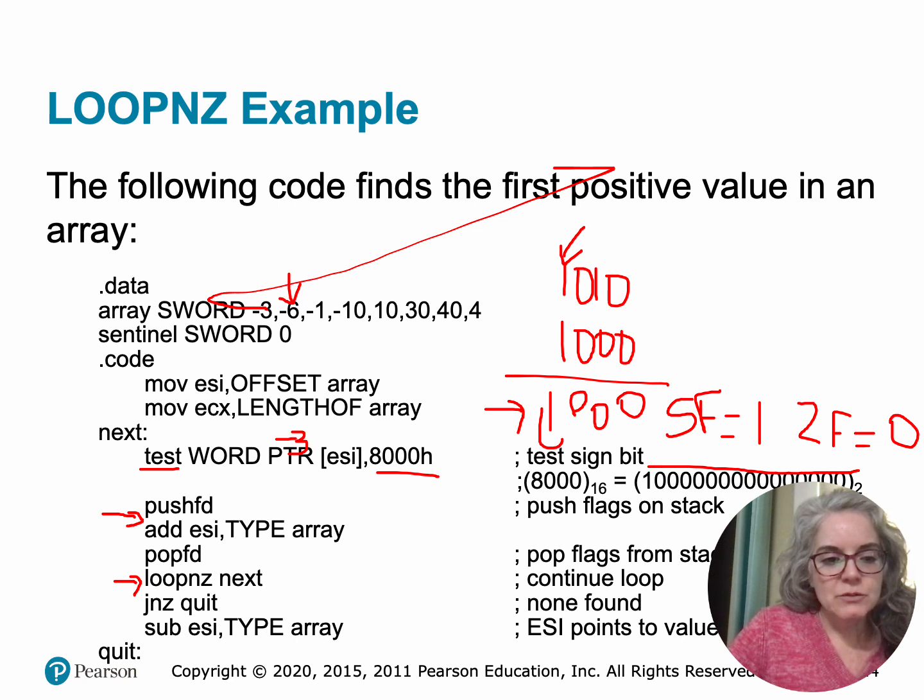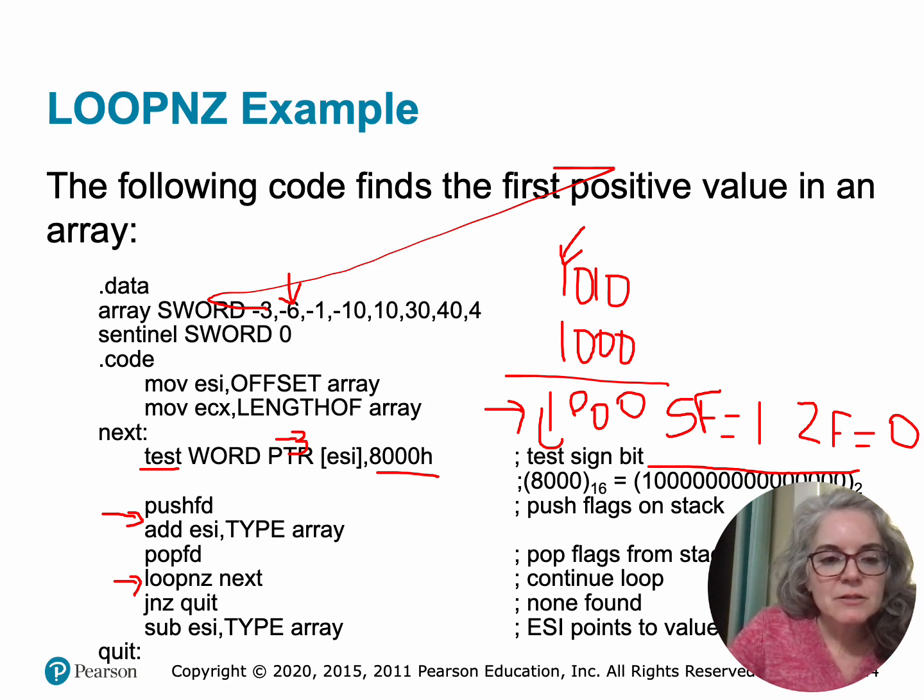So we're going to go back up to next, and now we're going to test the -6. The -6 is going to set the same flags. It's going to set signed to 1 and 0 to 0. So we're going to loop again, and then we're going to do the -1 and then the -10. When we get to the 10, we're going to test the 10.